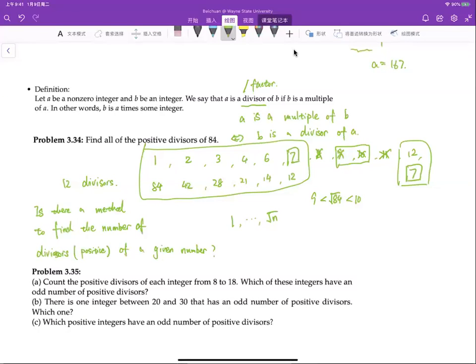So the hint is to consider the prime factorization.